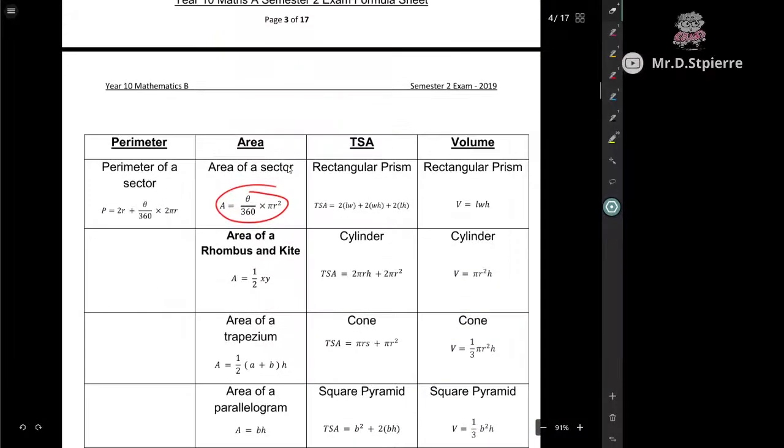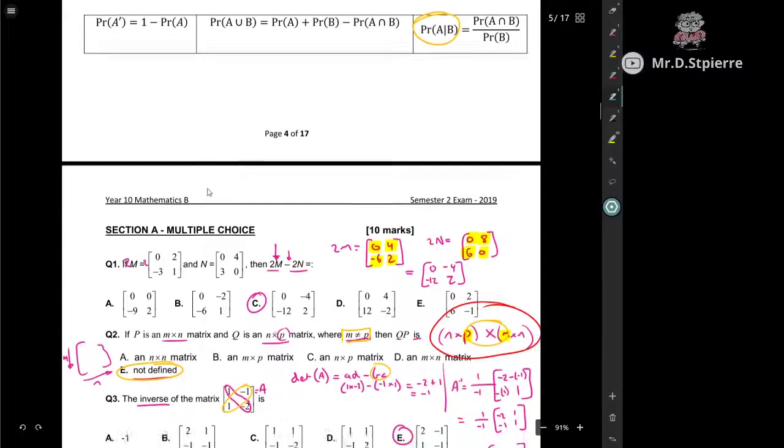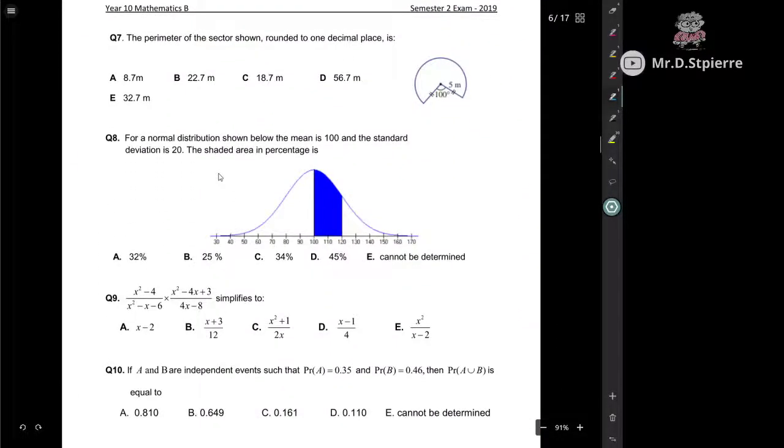Need the correct formula. That's not what we want. We want that one: 2r plus theta divided by 360 times 2 pi r. Okay, so perimeter is equal to 2r plus theta on 360 times 2 pi r.